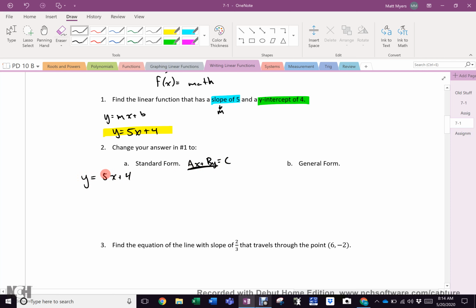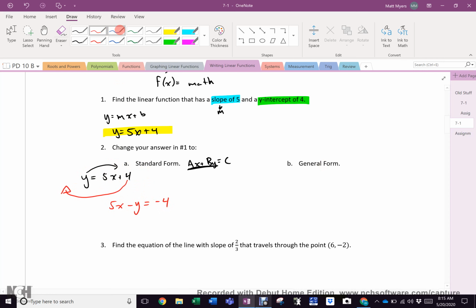So I have a couple of choices. I could move it, but then it would become negative, and then I'd have to change everything. Or I can leave the x there and move the y. That's what I like to do. I like to move the y there, which means I got to move that away from the x's. So my new equation is 5x minus y equals negative 4.